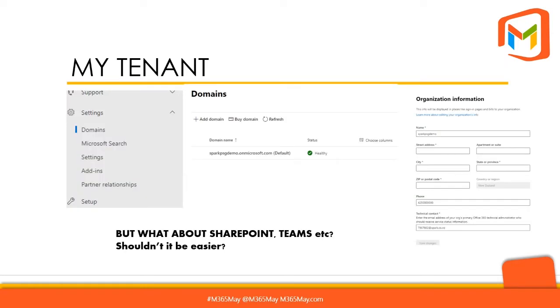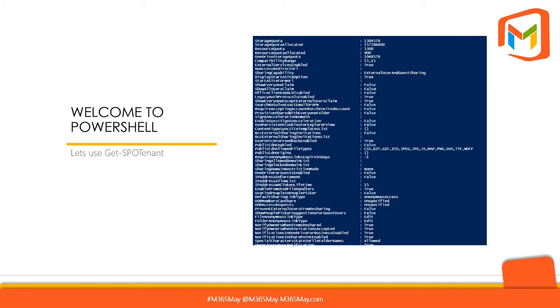In your tenant, it's easy enough to find, and you go to your admin center and you can look at what domains you've got in the organization and information. But there are so many different screens, because once you've got your tenant, you go to SharePoint, and then you go on. So we could use PowerShell.